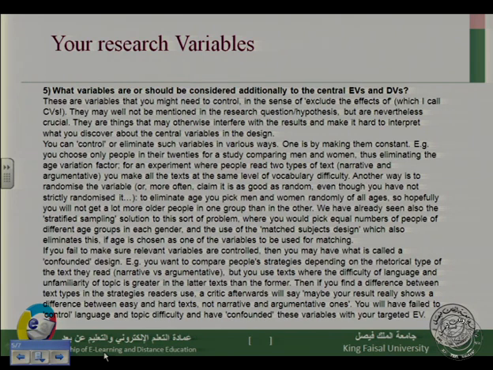CVs means variables that need to be controlled, or excluded. As I said, if you just want to see the effect of age on attitudes and you don't want to have gender as a variable, you need to exclude gender. How?